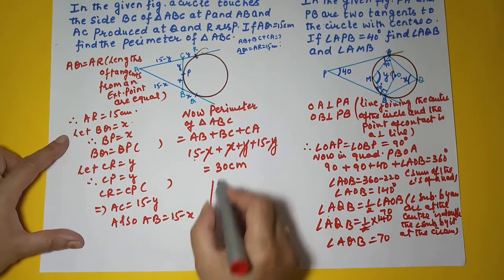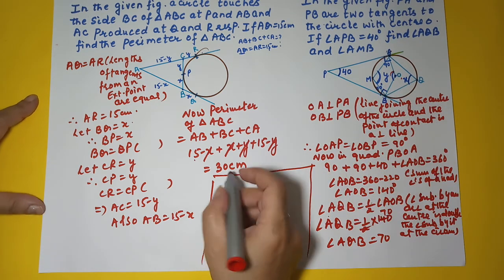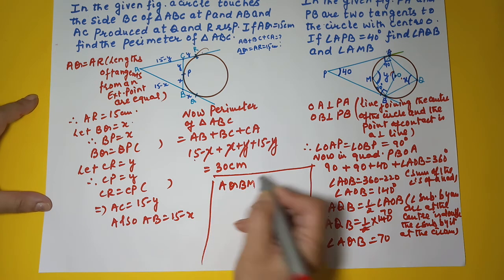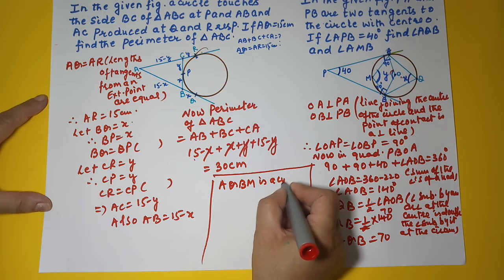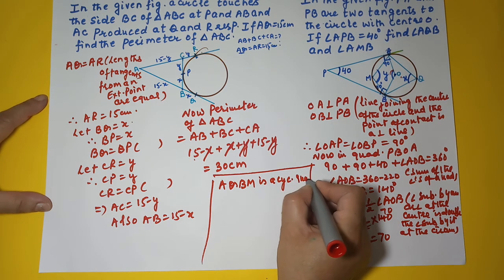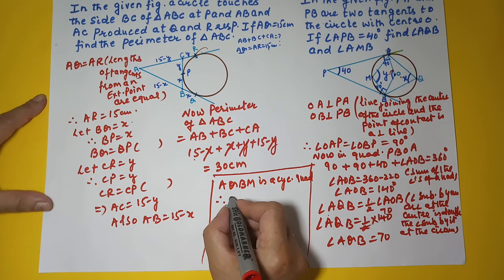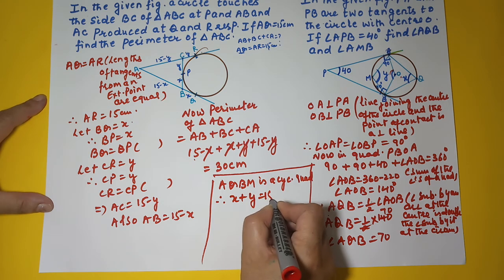Fine. Now, we have to find this y. How will we find this y? We will write AQBM is a cyclic quadrilateral because all its endpoints lie on the circumference. Therefore, angle x plus angle y is equal to 180.